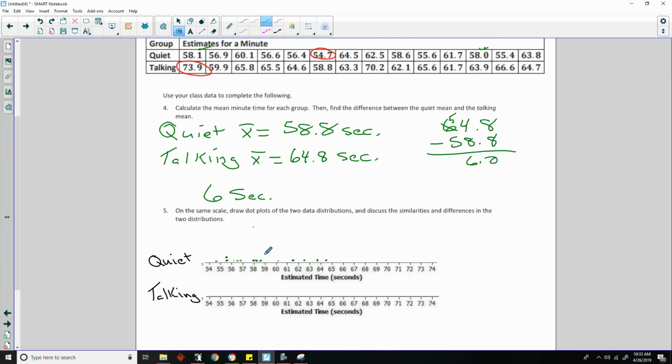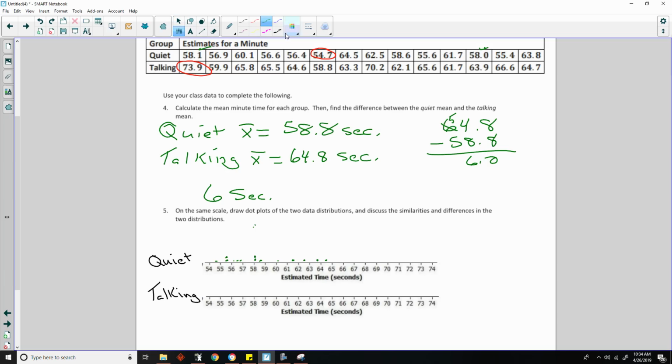Rather than having them practically touching, I'm going to move the 58 and the 58.1. So I'm going to get rid of this dot here and just rotate that so I don't have to redraw them. How's that? There. All right, so there's our dot plot for quiet.